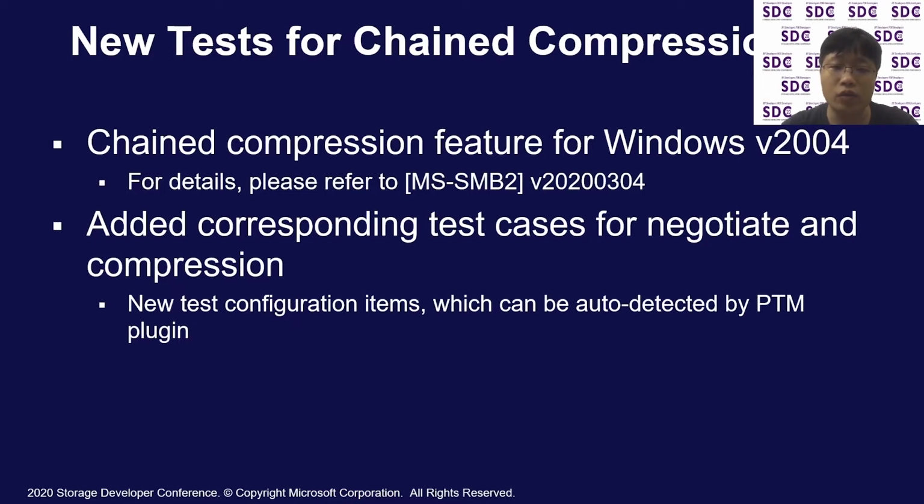If you wanted to know more details about it, you could refer to the latest MS-SMB2 document, which is available on docs.microsoft.com. Since it's an extension to the existing SMB2 compression feature, we added test cases to existing negotiate and compression scenario of FileServer test suites.